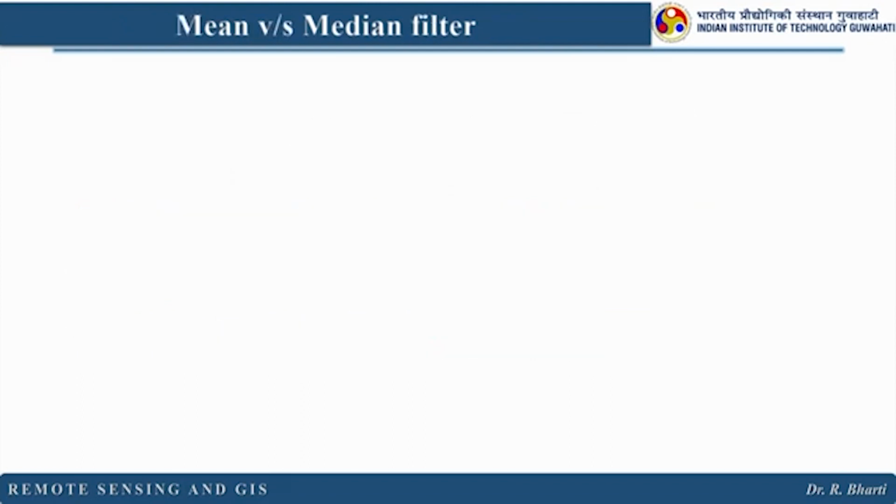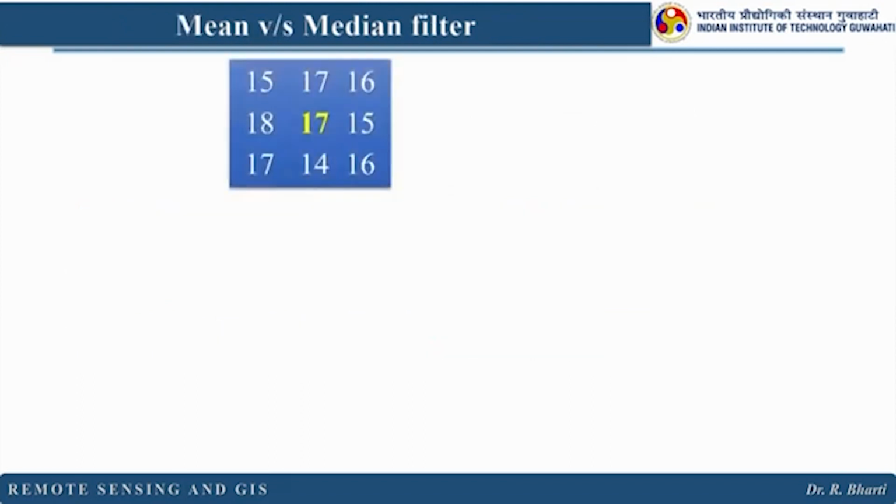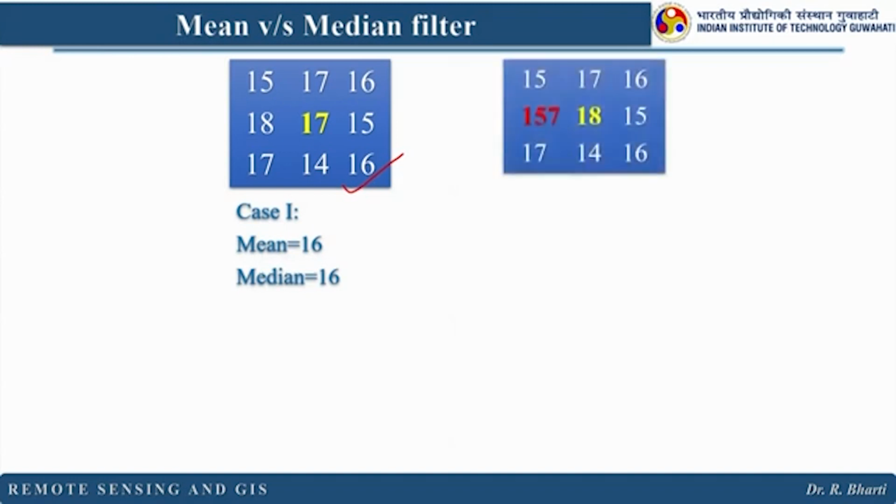So let us see mean versus median, which one is better. In the first case, when you have this particular matrix, the mean is 16 and the median is also 16. So here you don't have any problem with which method you apply. Either mean filter or median filter, both will give you a similar result. But in the second case, the mean is 32 and the median is 17.